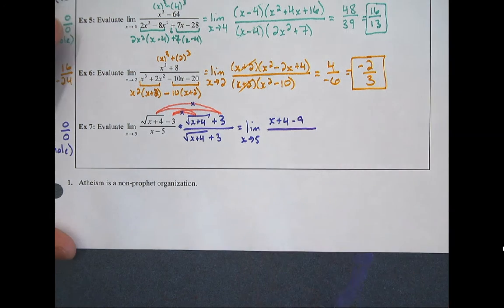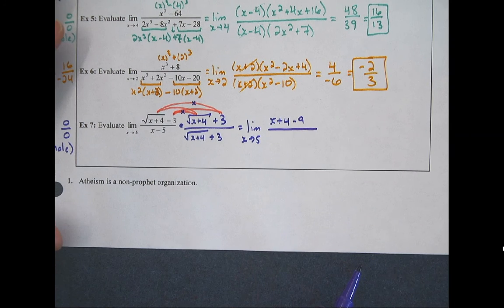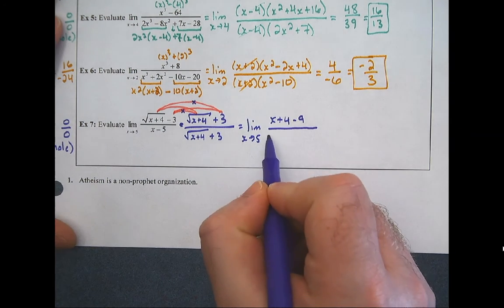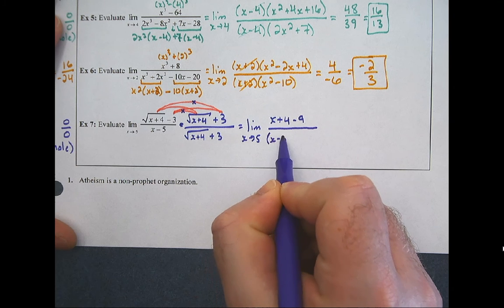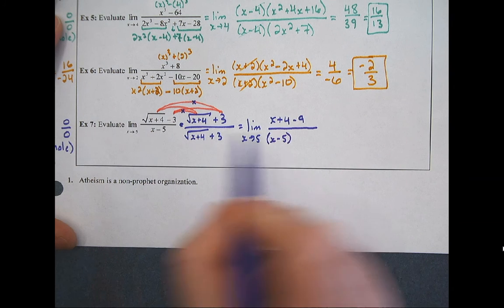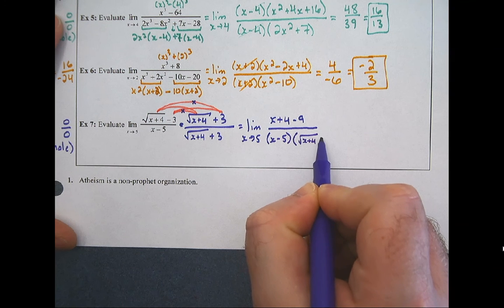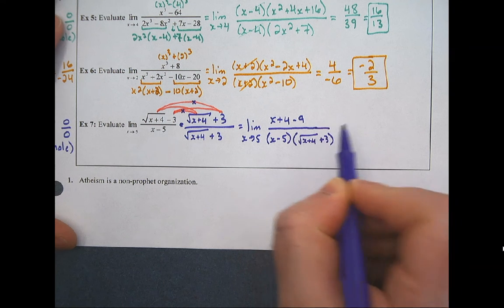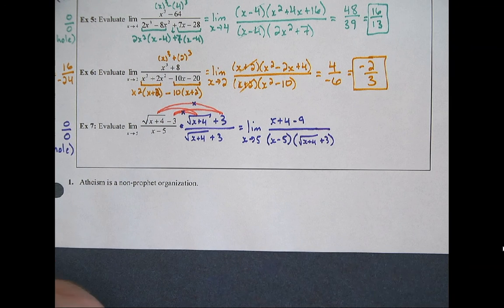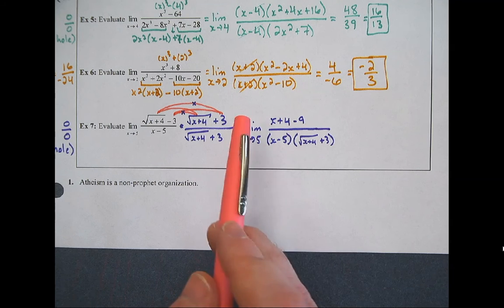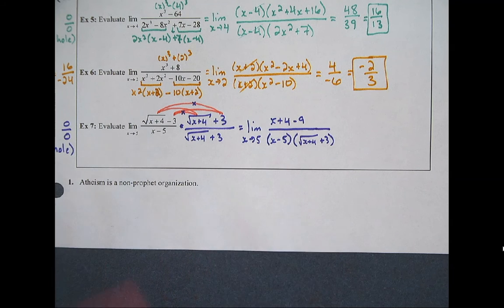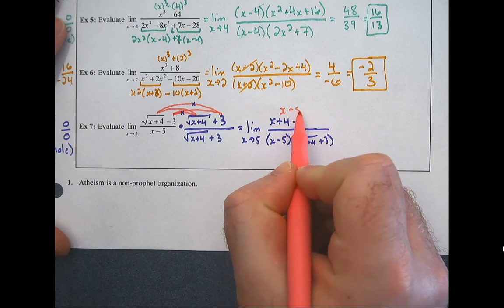Over, now look, the numerator is a lot better. The denominator is not. The denominator is a mess. So we've got this quantity, x minus 5, times this quantity, square root of x plus 4 plus 3. But life is actually a lot better than it looks, because what's x plus 4 minus 9 combined like terms? This ends up being x minus 5.